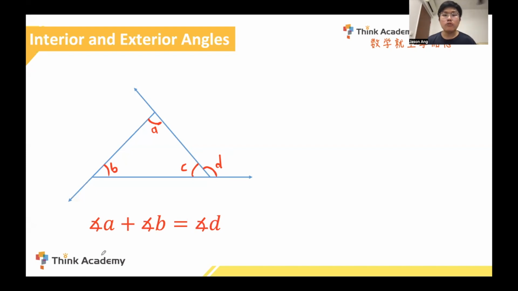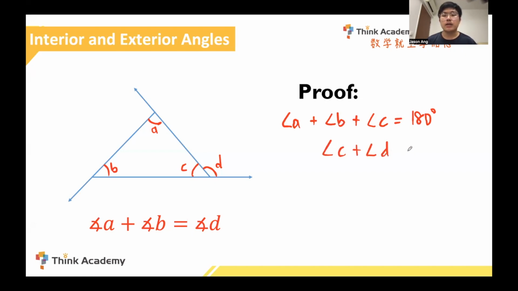Wait a minute, how do we actually get these angles to be the same? Let me show you a short proof. We have angle A plus angle B plus angle C, which we know is 180 degrees. At the same time, we also know that angle C plus angle D also gives us 180 degrees because it is angles on a straight line.